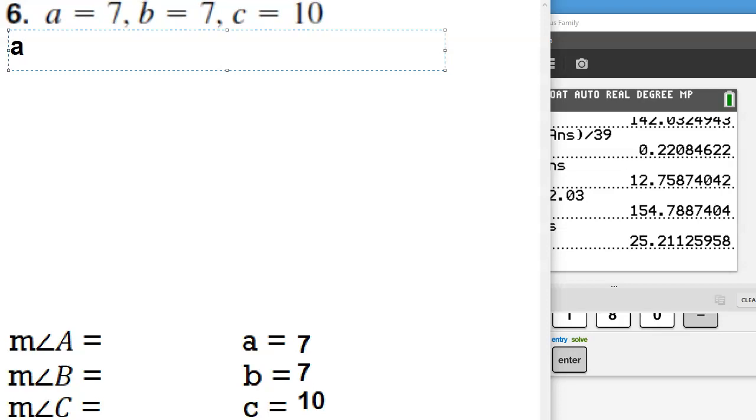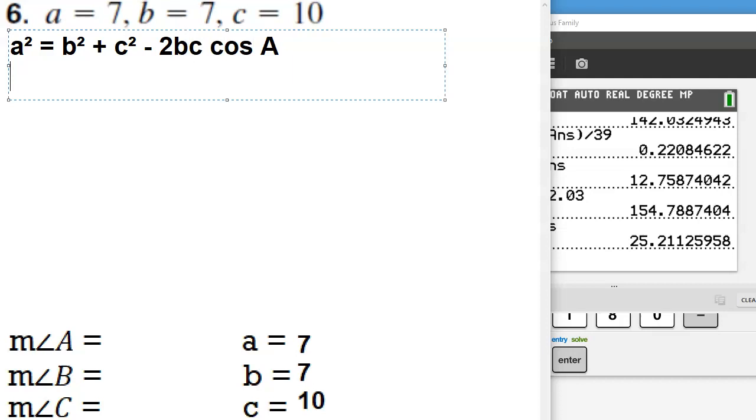We'll just say A squared equals B squared plus C squared minus 2BC cosine of A. Now, you know there's another part about this problem that I like. We don't need the calculator to set it up. Because we know all these numbers.